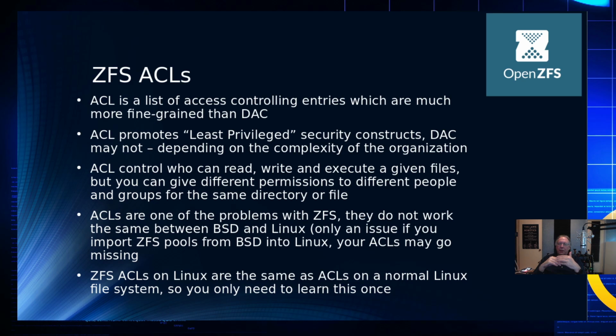In order for it to work, you have to provide additional permissions to users that shouldn't have them, simply because you don't have any other way of dealing with it. Whereas ACL allows me to get very specific. You can control everything, the permissions, the groups, and everything on the same file.